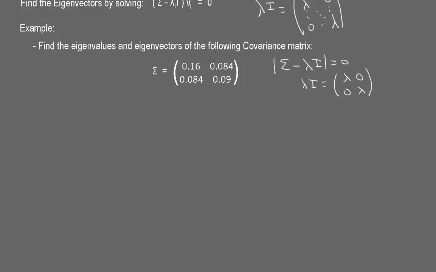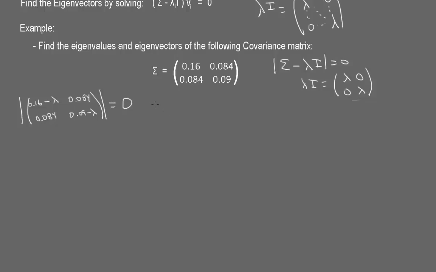So we're going to take this matrix minus this matrix, and we want the determinant of that. So we get 0.16 minus lambda, 0.084 minus 0, which I'll omit, again 0.084 minus 0, and 0.09 minus lambda. And we want the determinant of that to equal 0.